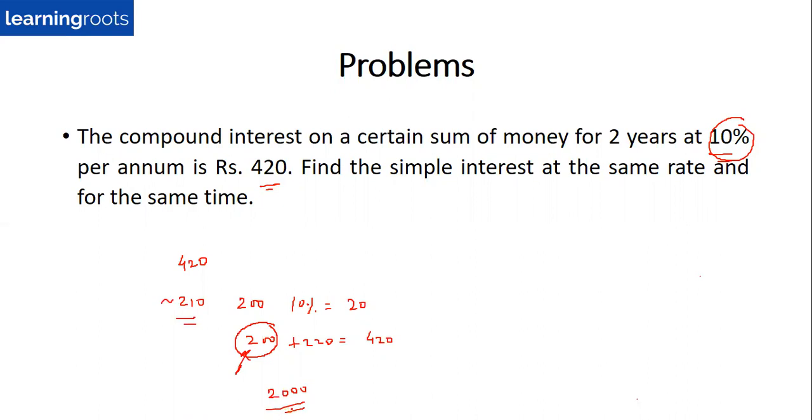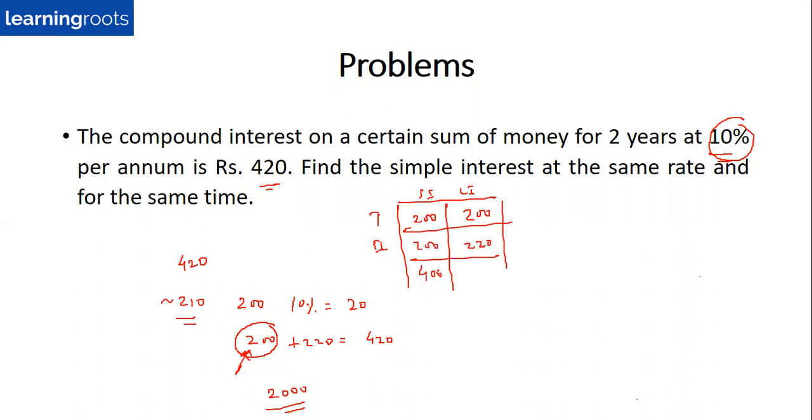Now you need not find the principal actually in this question, because if you know this 200, in the SICI table that we looked at, you have first year, second year, SI and CI here: 200 in the first year, 220 in the second year. If it is 200 in the first year here, it has to be 200 here.